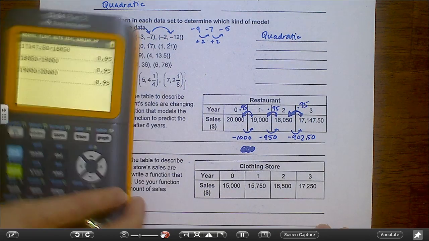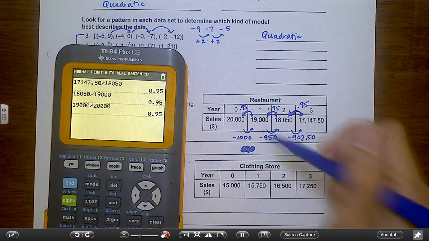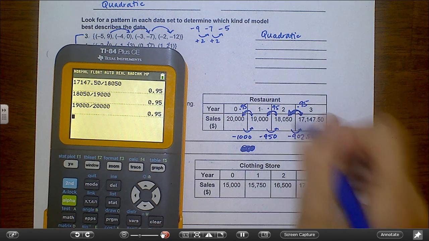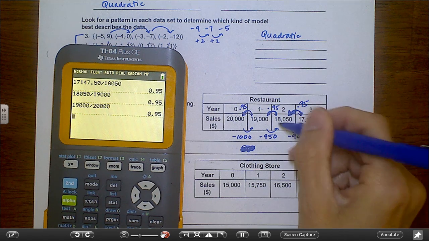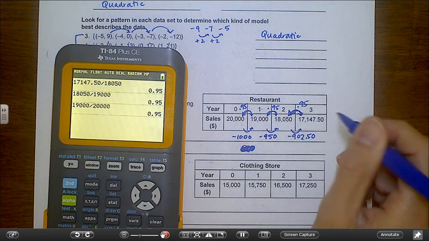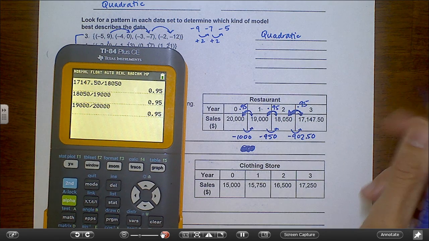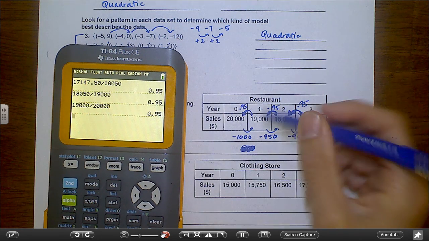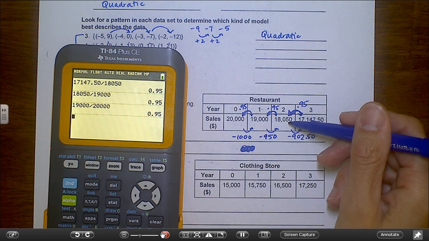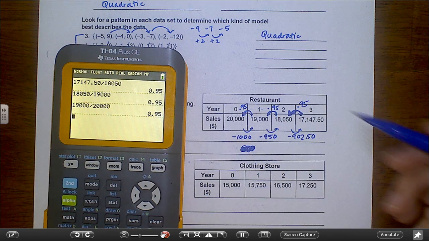The reason why I divided that way is because it's a lot easier to take the right divided by the left in numbers like this than it is to see what I have to multiply 18,050 by to get to 17,147.50. You wouldn't know that off the top of your head. If this was like 2, 4, 8, 16, then it's clear, right?